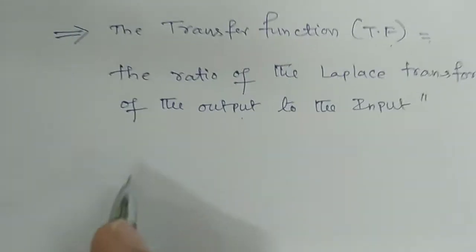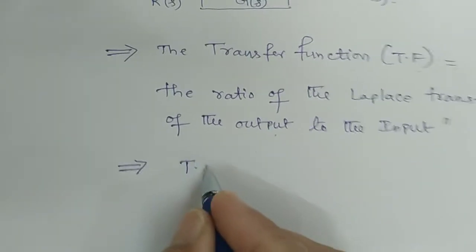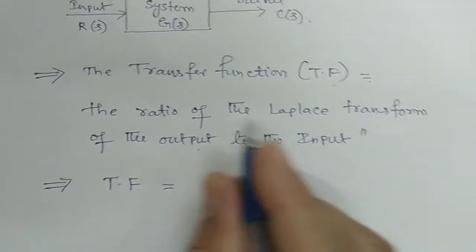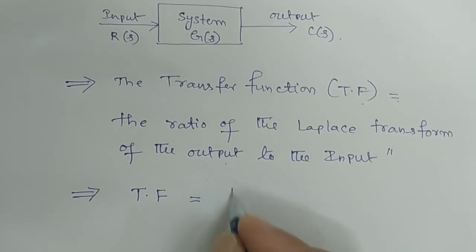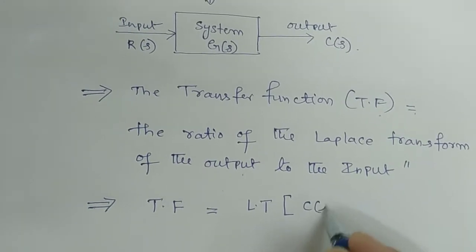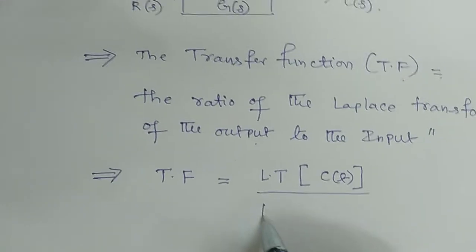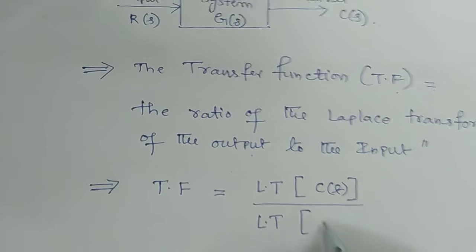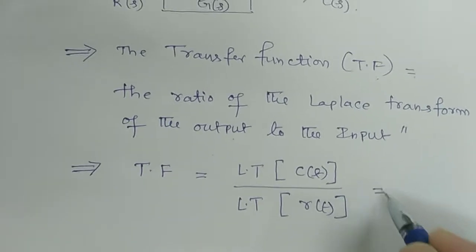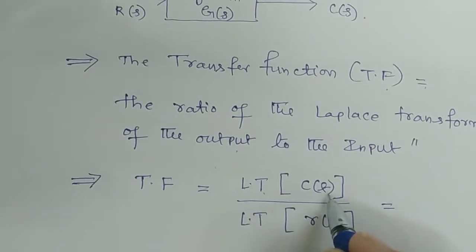That means the transfer function is equal to the Laplace transformation of the output, which is C of t, divided by the Laplace transformation of R of t.